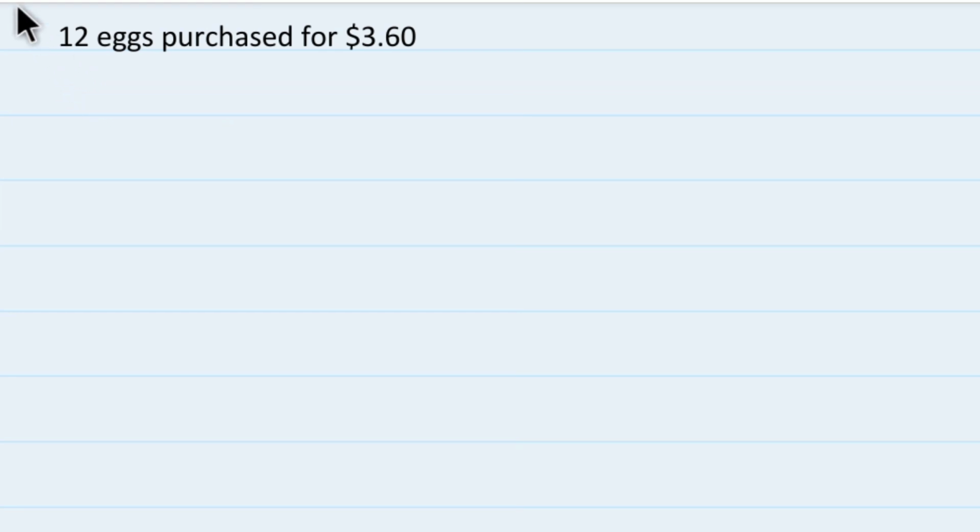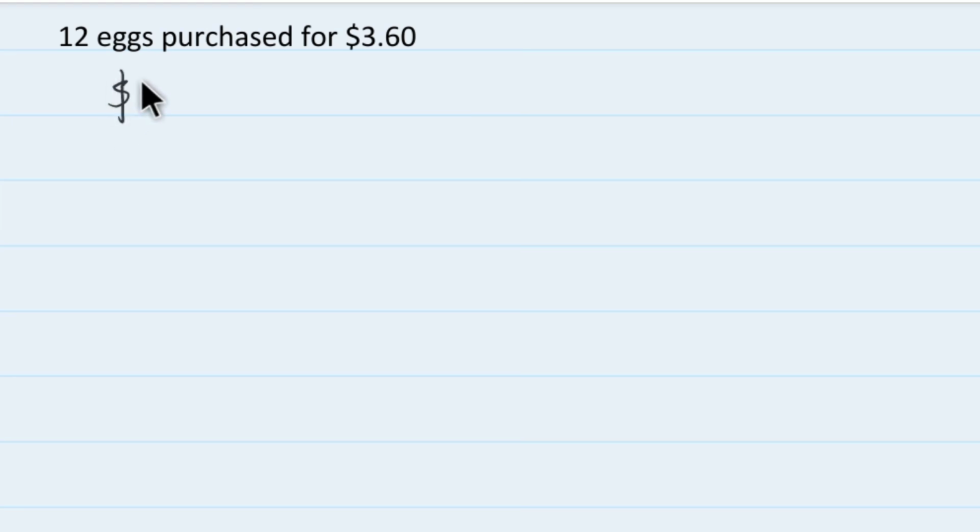Now we can also determine the price of a unit item. If 12 eggs are purchased for $3.60, then what would be the price of one egg? So again we will use the rate, that is, we need the price for one egg.